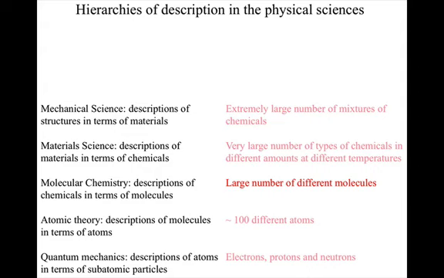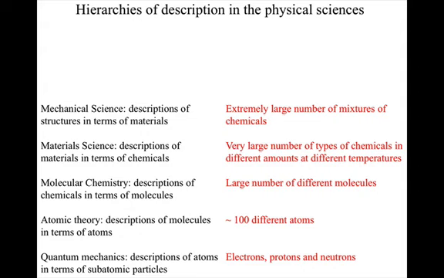There are large numbers of molecules that are different combinations of atoms. Each chemical is a group made up of some very large number of identical molecules at some particular temperature. And because each material is made up of a different mixture of a large number of different chemicals, there's an even larger number of different possible materials.